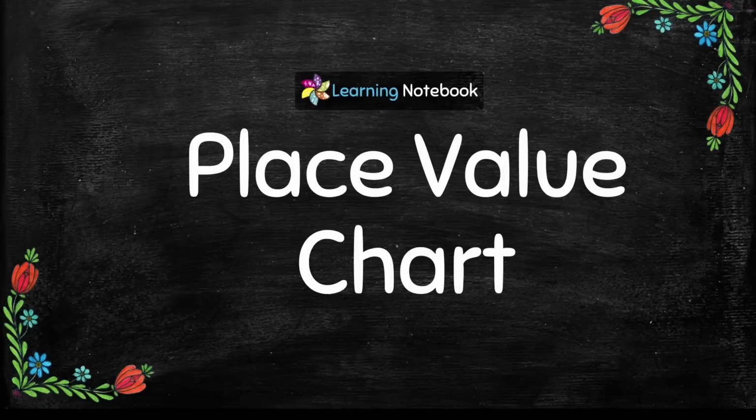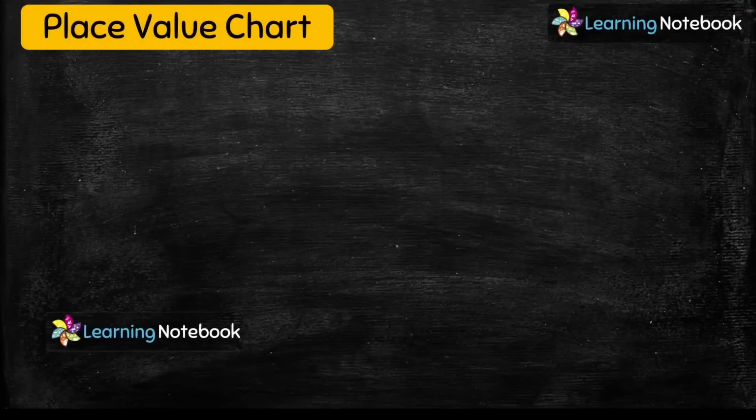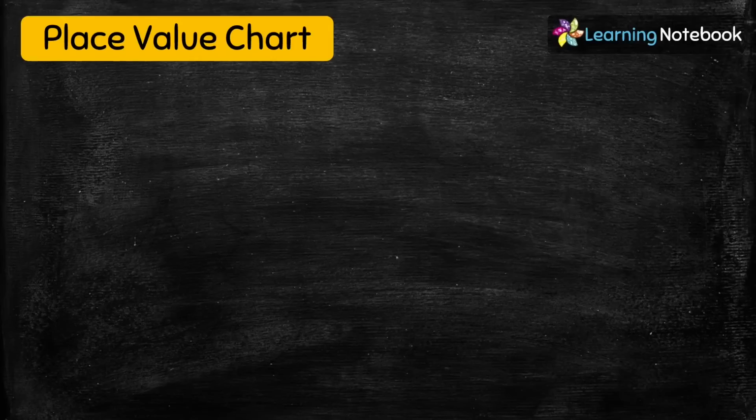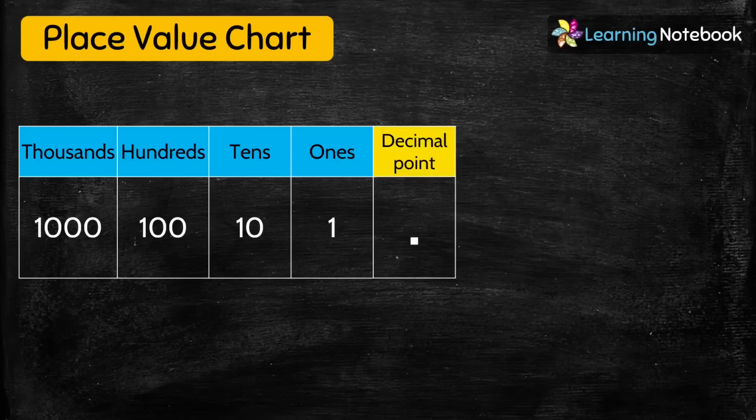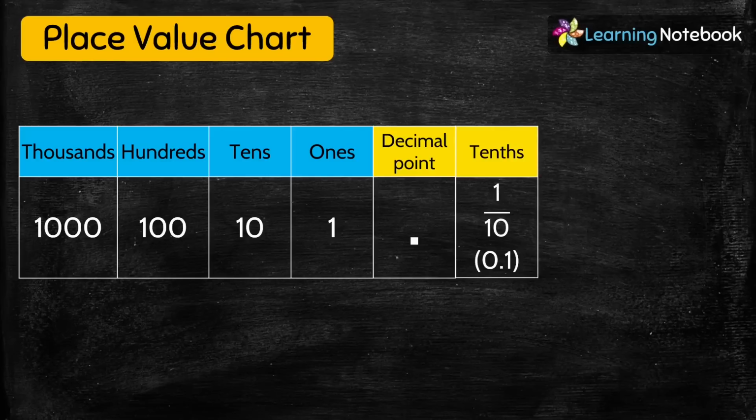Now let's understand the place value chart of a decimal number. The place value chart for the whole number part remains the same, which is ones, tens, hundreds, thousands and so on. Next, we have the decimal point, and then there is tenths, which is 1 by 10 or 0.1.